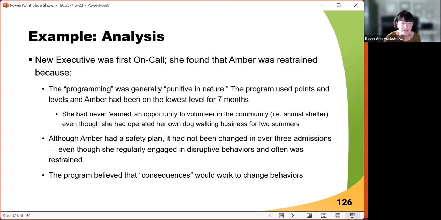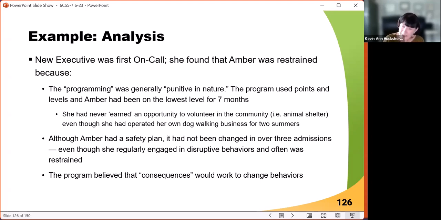And we also found that the staff had been trained, it wasn't their fault, that consequences would make her change her behavior. So in other words, punishment, negative consequences, which is what anybody that's had children, that's something that's kind of indoctrinated into parents in some cases.